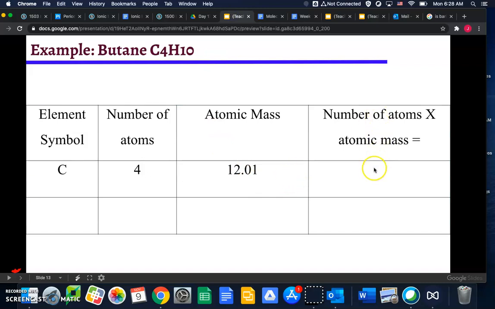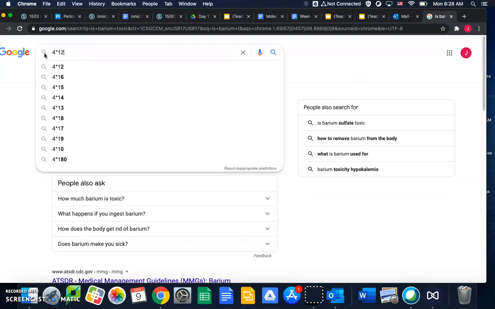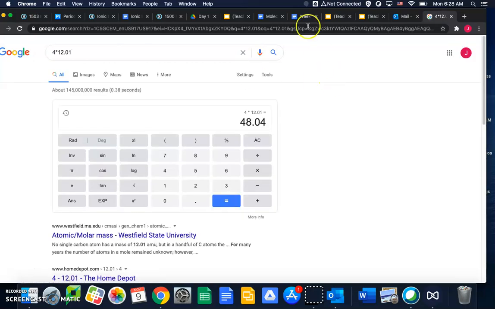And then in this last column, we're just going to multiply the number of atoms and the atomic mass together. So 4 times 12.01, you should probably use a calculator. Here, I'll model that good behavior. 4 times 12.01 gets me to 48.08.